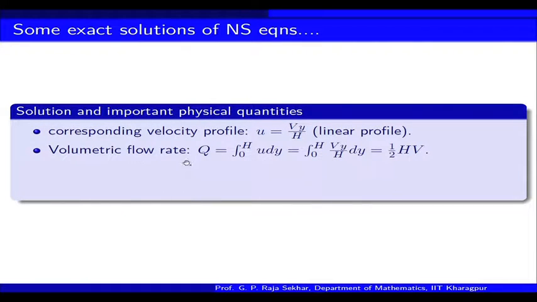Then volumetric flow. What is the volumetric flow rate? You take a small areal element. Whatever flow comes out with whatever velocity should be trapped within that area. If you keep on changing the velocity, naturally the total amount coming out of that varies.